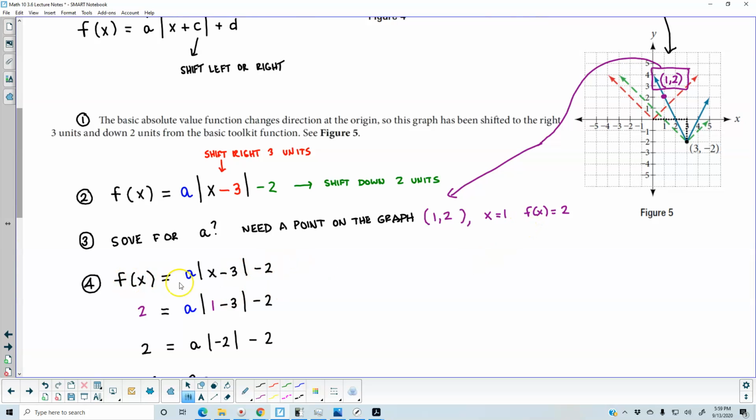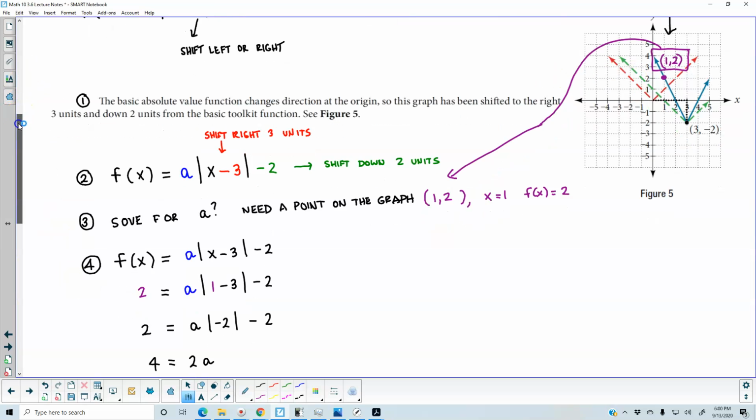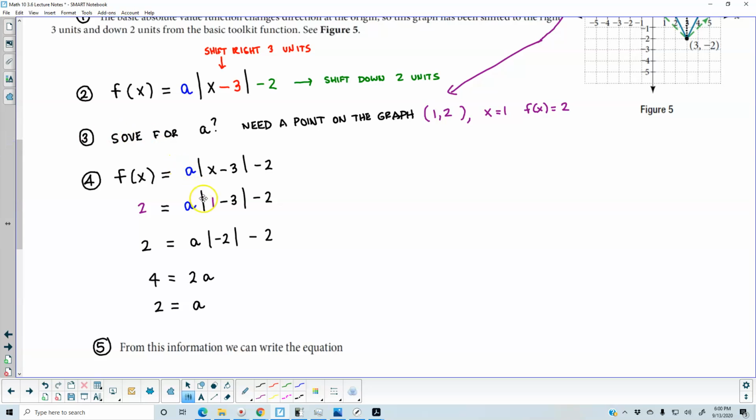So in our form, in order to isolate and solve for a, we're going to let f of x equal 2. We're still looking for a. And we can let x equal 1 according to that coordinate. Then we're just going to use order of operations. So we take 1 minus 3, which gives us -2. Then we can add 2 to both sides to get 4.